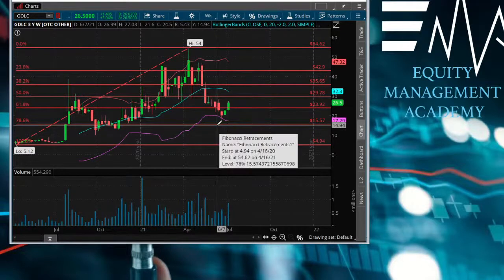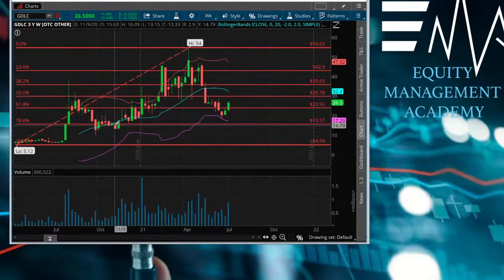If it were to close below 78.60%, that would mean that it would break the previous pattern. It would negate the previous pattern. And in this case, it would negate this explosive bullish pattern that was established back at the end of last year.